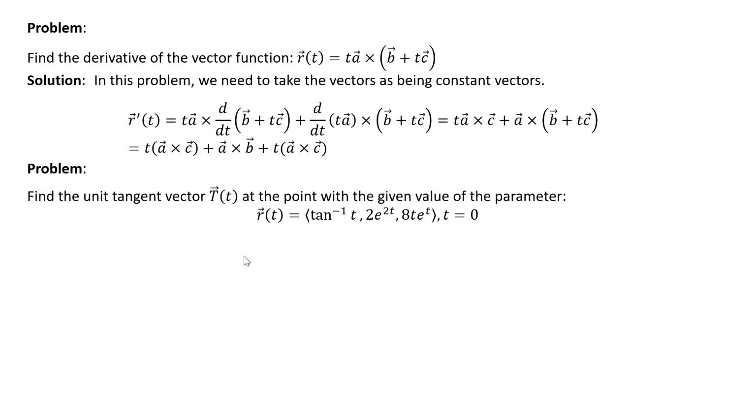Let me take you back to calculus. If I said, hey, f of x equals x squared, find f prime of 3 for me. You'll say, okay, f prime of x is 2x, and f prime at 3 is 2 times 3, which is 6.